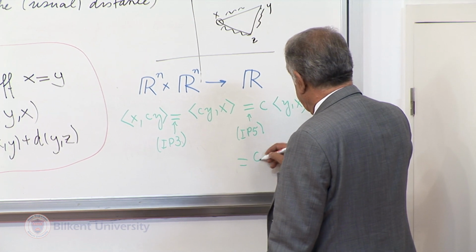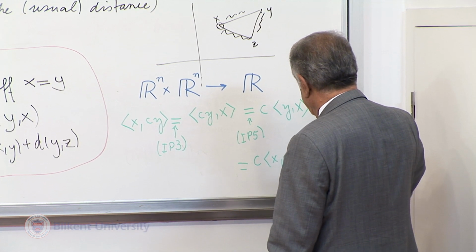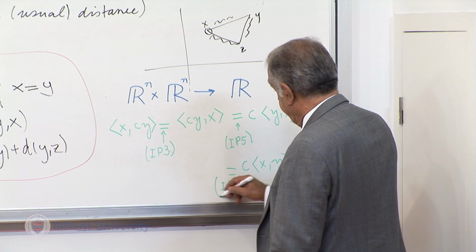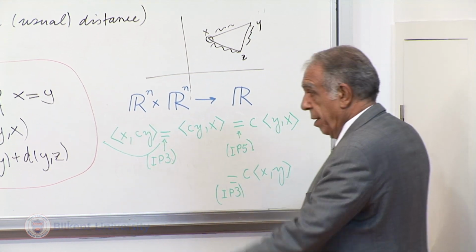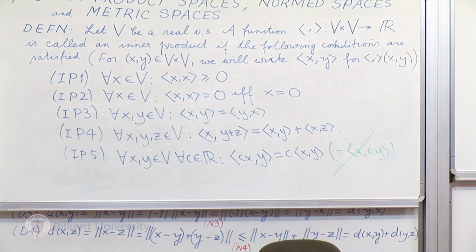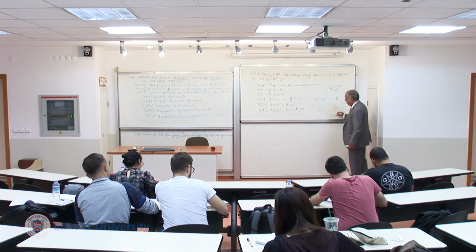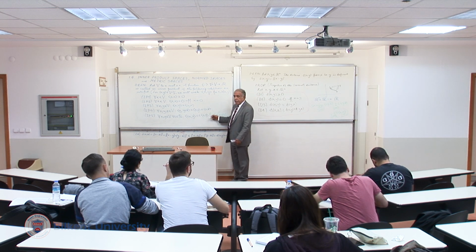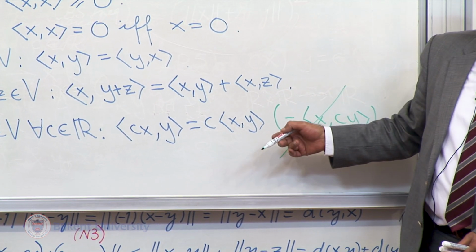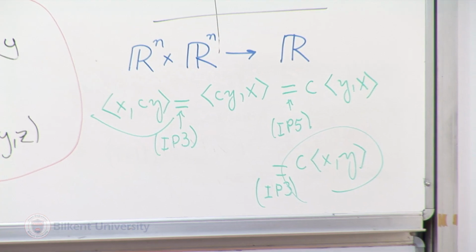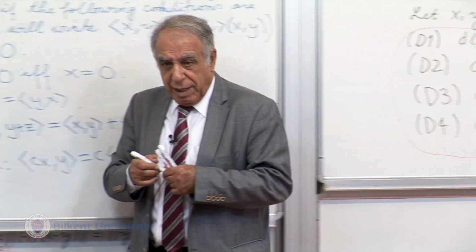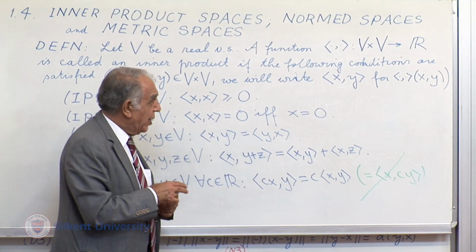But this is Cxy, and this is IP3. So by those assumptions, by those conditions, this is equal to this. So this equality follows. So this would be redundant if I had included this into the definition. The definition would stay the same, but mathematically it would not be elegant. It would be ugly. Okay.